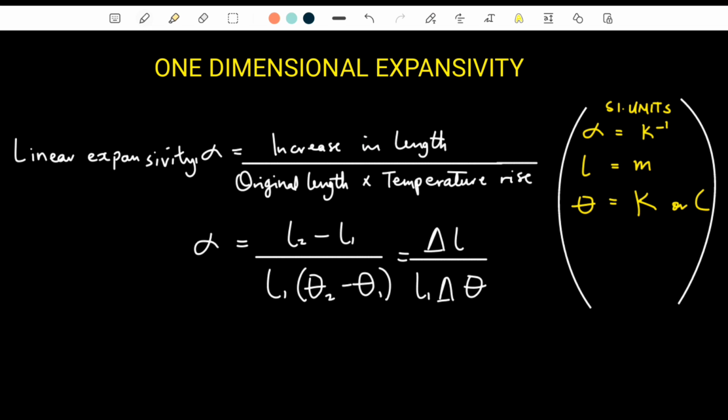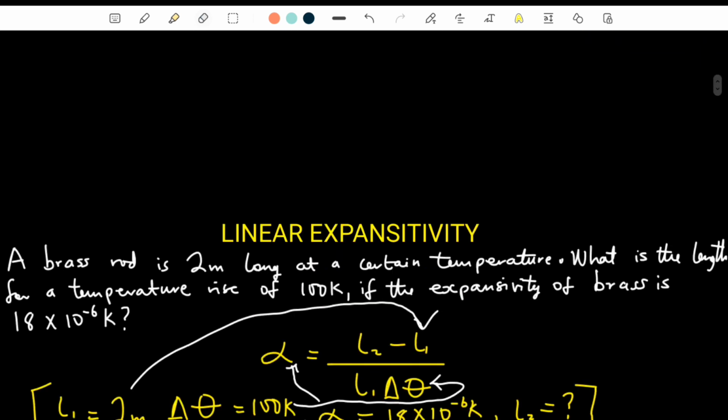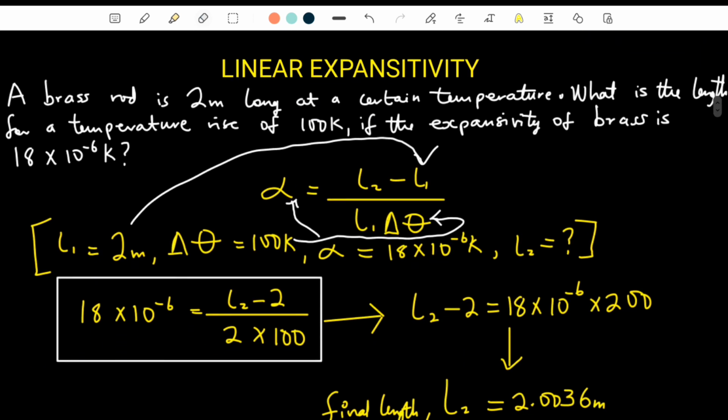The equation on the screen: linear expansivity equals increase in length, that's L2 minus L1, over original length, that's L1, times temperature rise, which is theta 2 minus theta 1, and that is what you have as delta theta right here. Linear expansivity is measured in per Kelvin, length in meters, and temperature in Kelvin or Celsius, depending on the example you're working with.